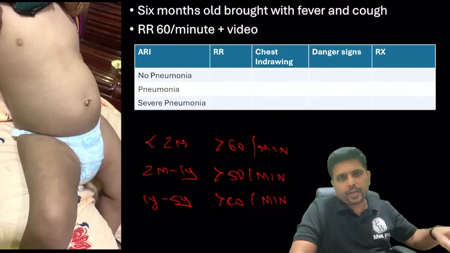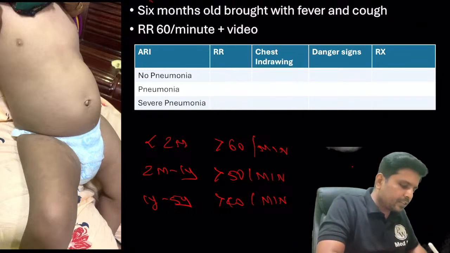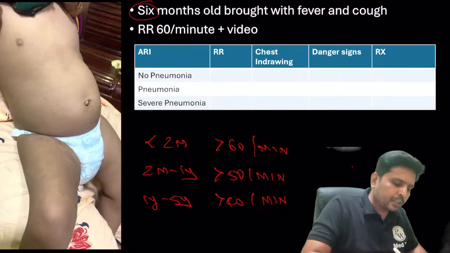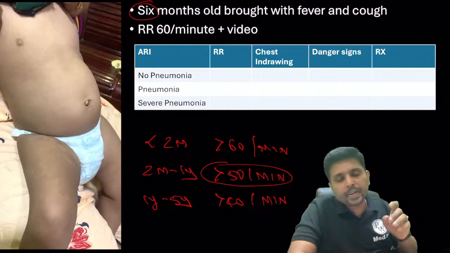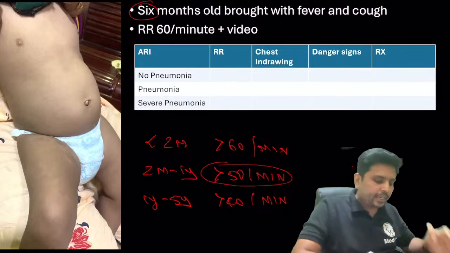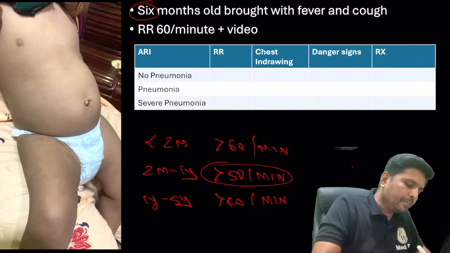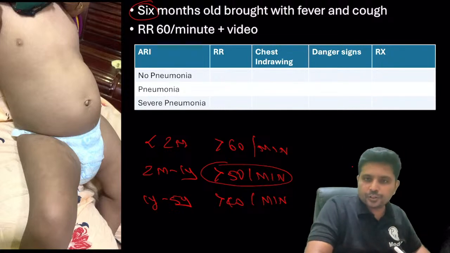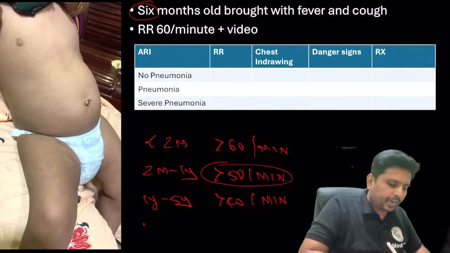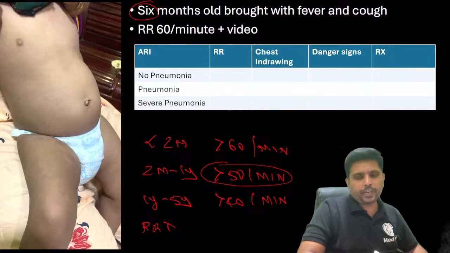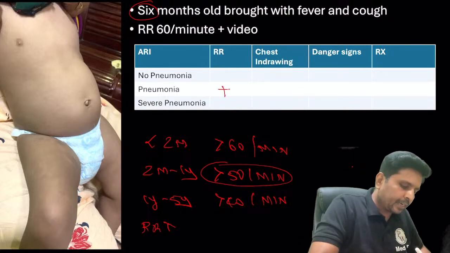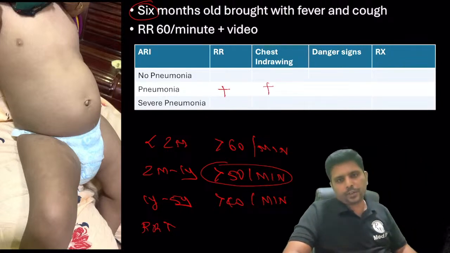For this child, the age is 6 months, so for a 6-month-old, a respiratory rate of more than 60 should be taken into account. So fast breathing is there. Respiratory rate is high along with chest indrawing.